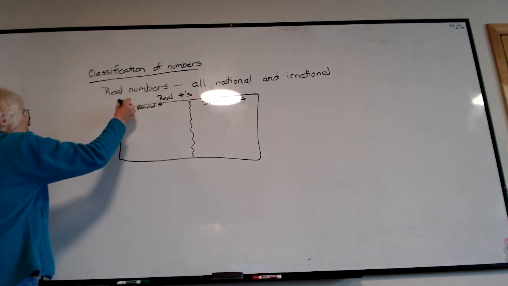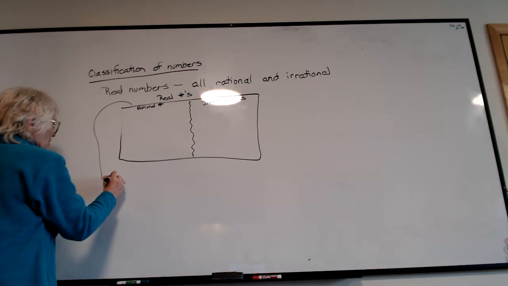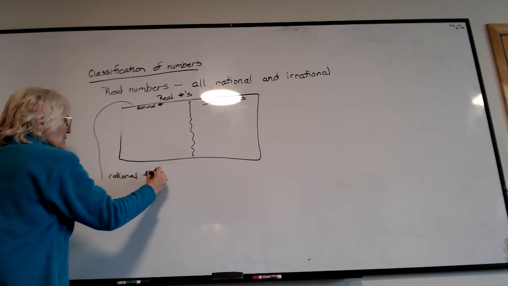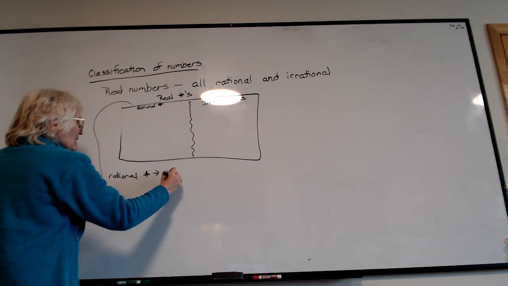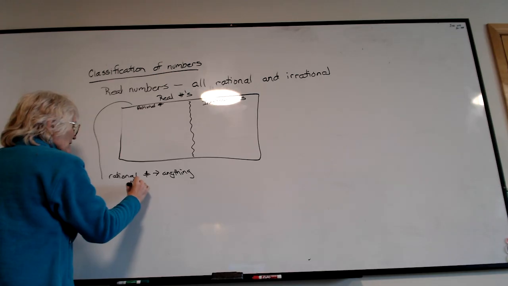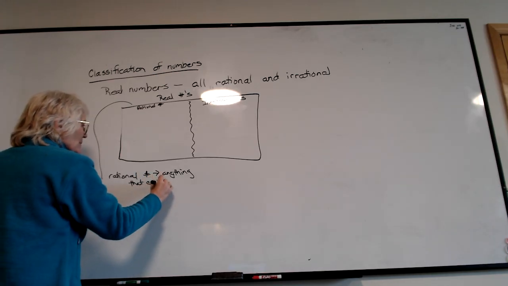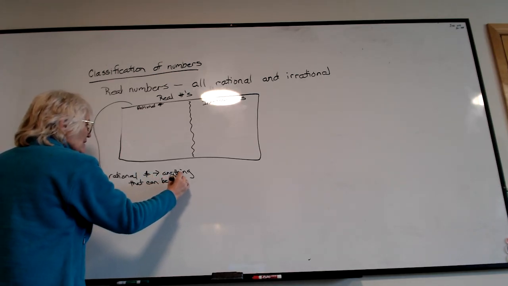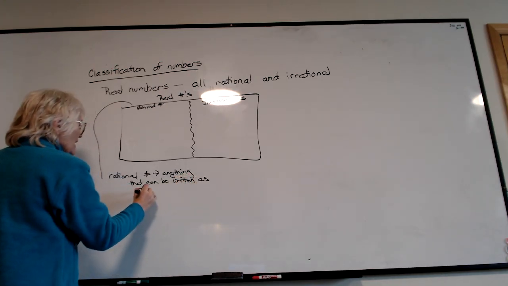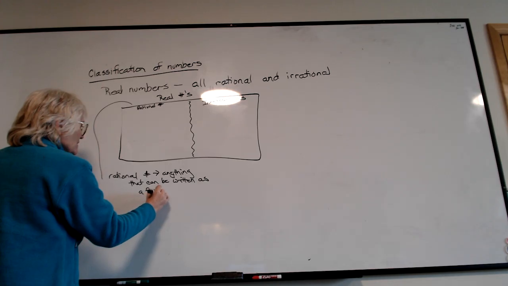How we define rational numbers: rational numbers are anything that can be written as a fraction.